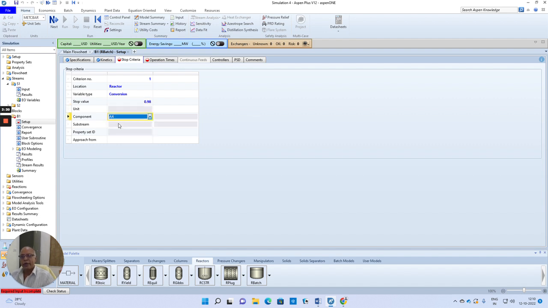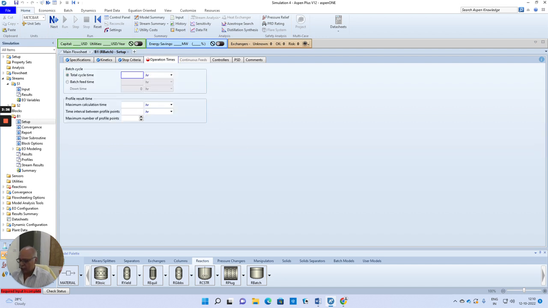Component, limiting reactant, allyl alcohol. Next, we don't have any information about the time, so let me assume some 5 hours. 0.01, about 500 profile points. In fact, you can use a maximum of 1000 points here.